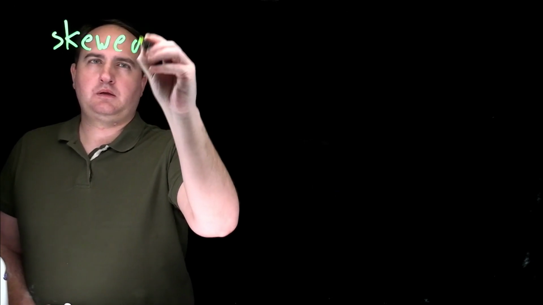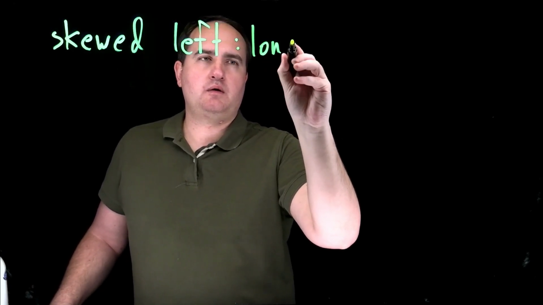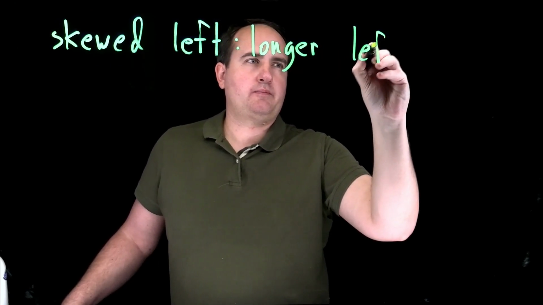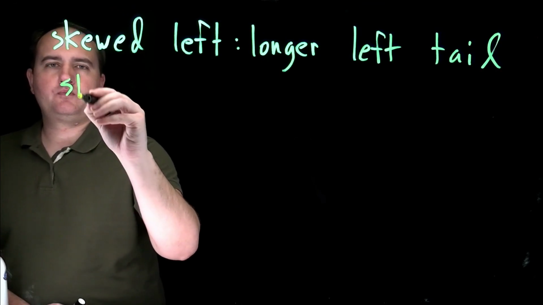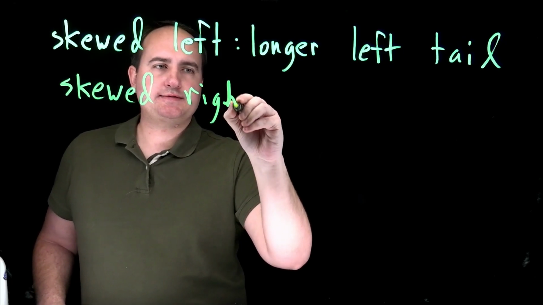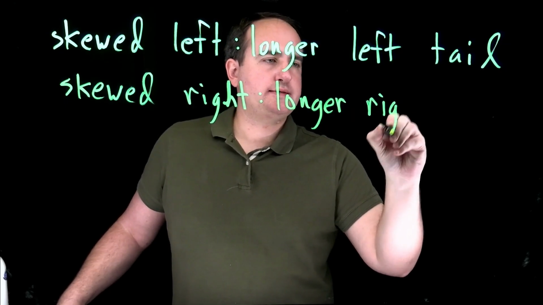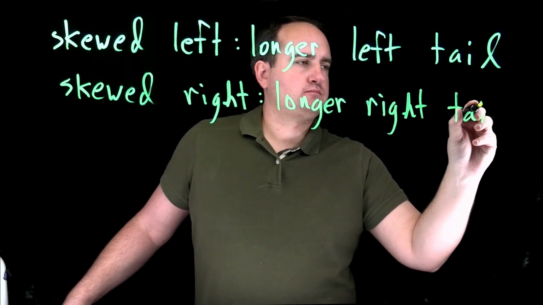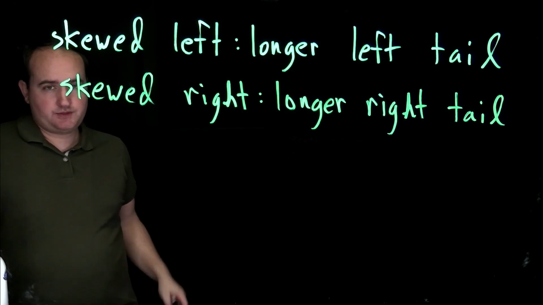So to summarize, skewed left means we have a longer left tail. Okay? And then skewed right, of course, means we have a longer right tail. Longer right tail. And that's really all there is to it for skewed graphs.